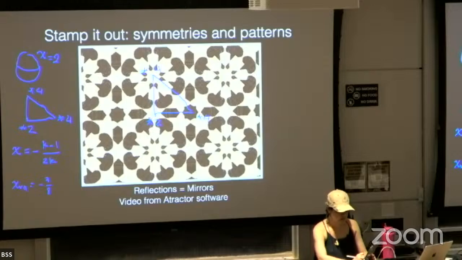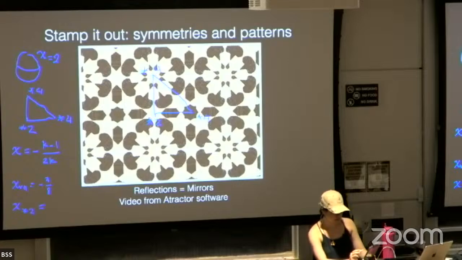And then chi for star 2 is equal to, what is that? That is equal to minus (2 minus 1) divided by 4, so minus 1/4.